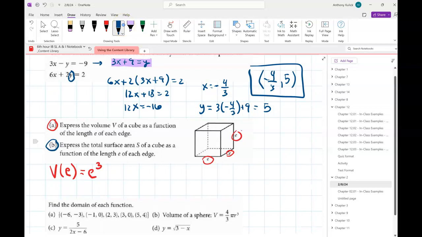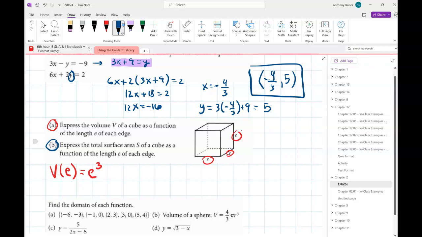Express the total surface area S of a cube as a function of the length E of each edge. When I say surface area for a three-dimensional figure, what am I talking about? The sum of all the sides, right? So how many sides does a cube have? 6, like a regular dice, like a Monopoly dice.